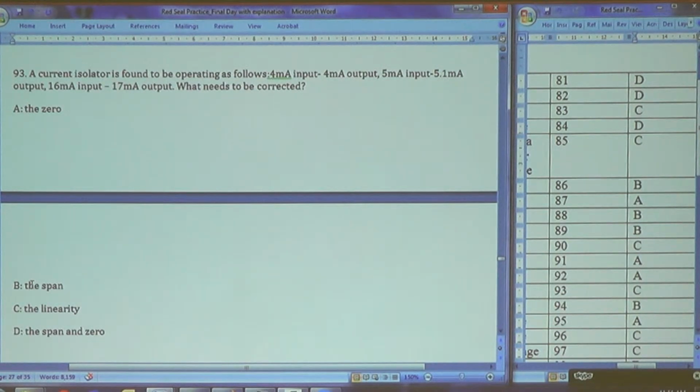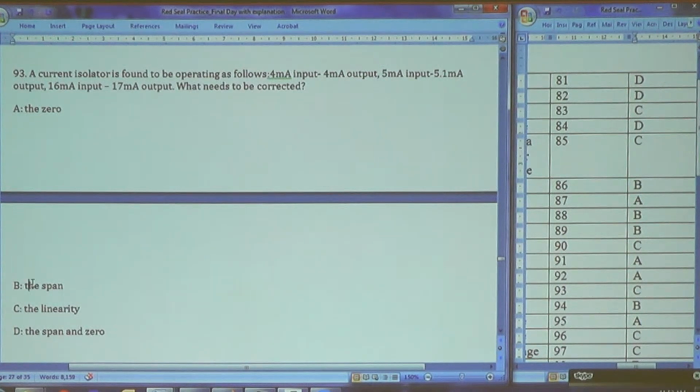Do you think the input is linear? Shelby, according to you is the input linear? No. If it's not linear, then why won't I do a linearity test?